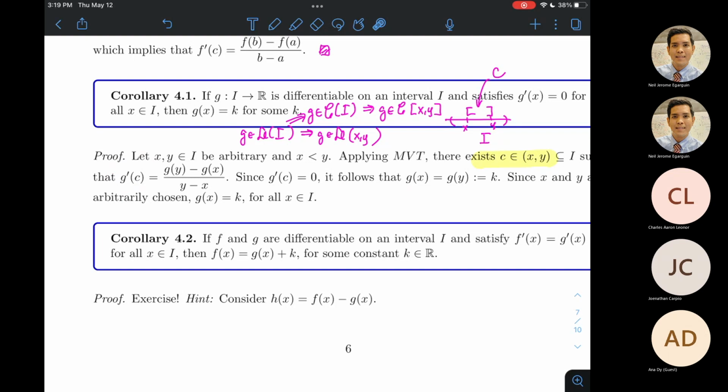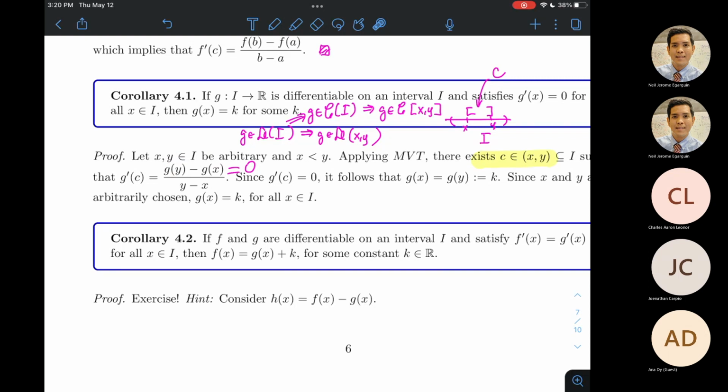Tapos part ng assumption natin, zero yung derivative sa lahat ng numbers dun sa interval I. So that means this is equal to 0, okay? And a quotient will be equal to 0 if and only if the numerator is equal to 0. So that means G(y) must be equal to G(x). So parehas lang sila ng value, say k.